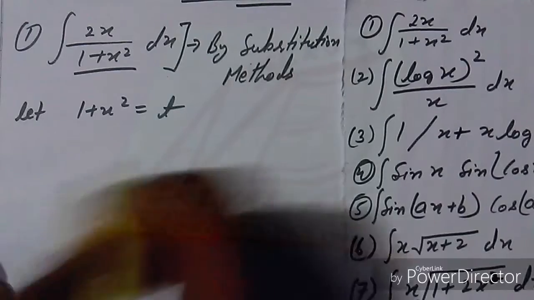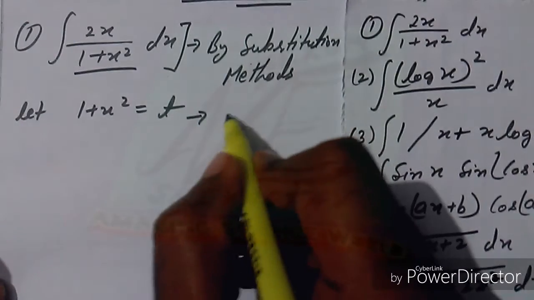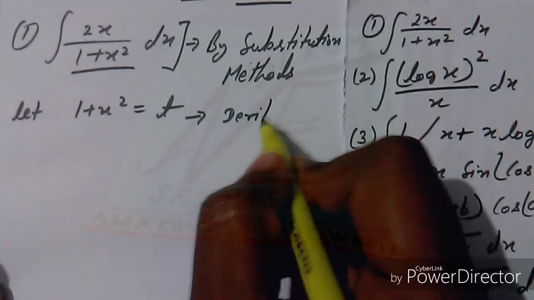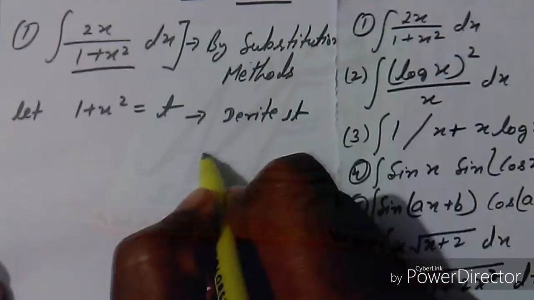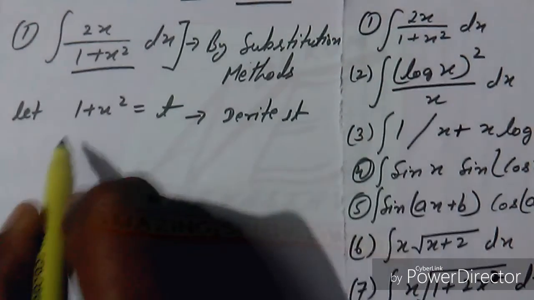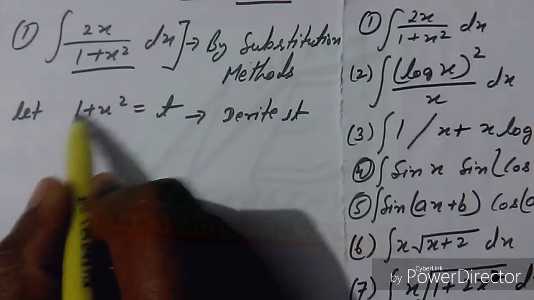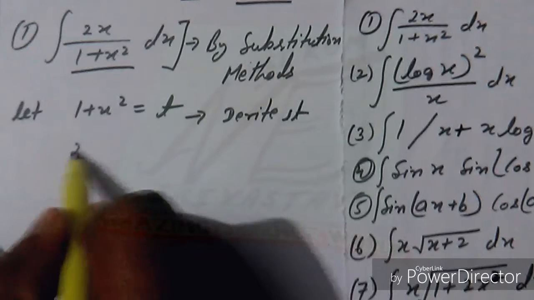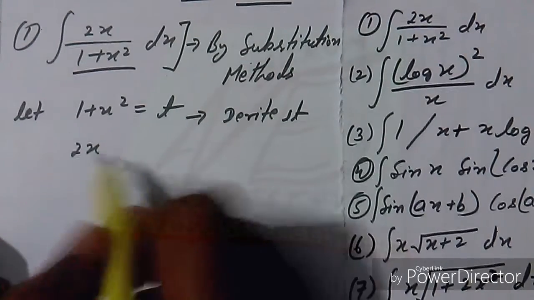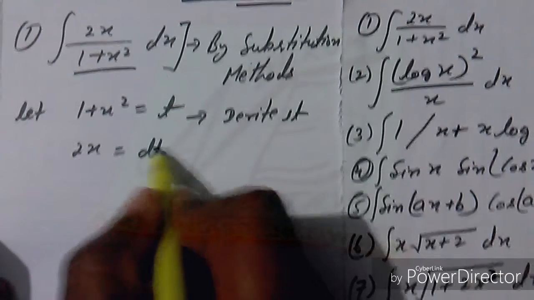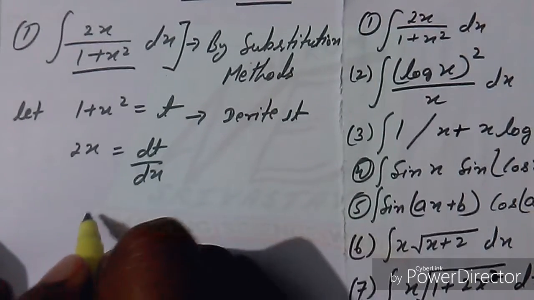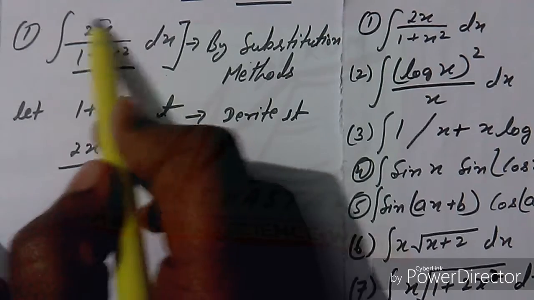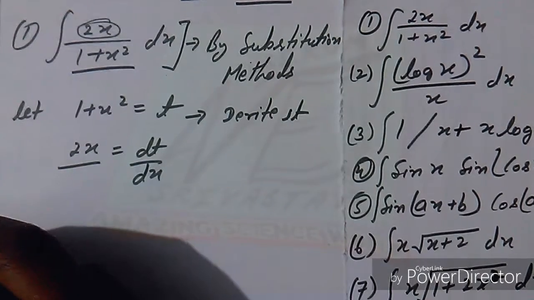My friends, now we derivate it. The derivation of 1 plus x square is 2x, and of 1 is 0, that is dt by dx, and this 2x is, you see, in this function.